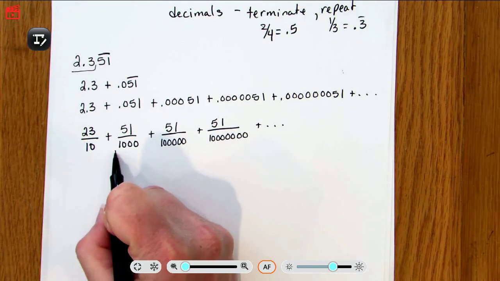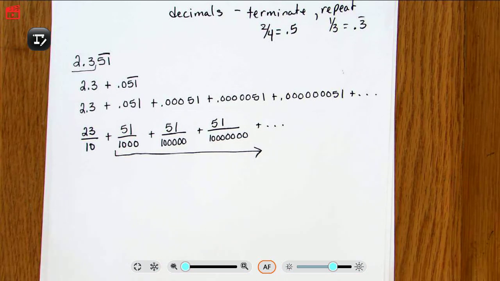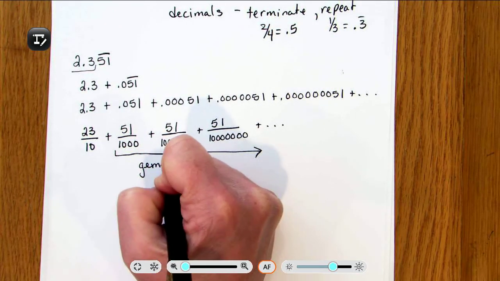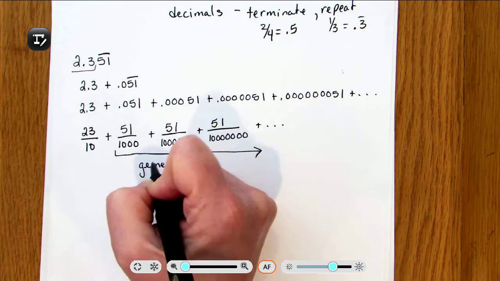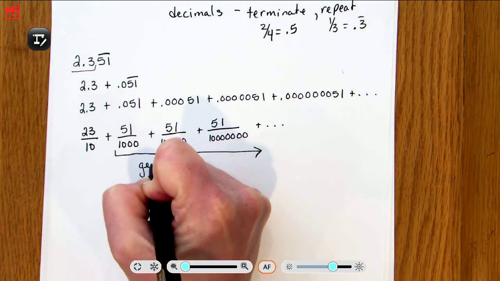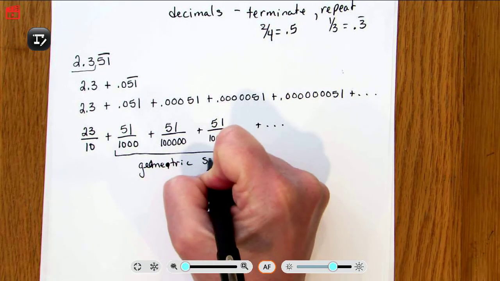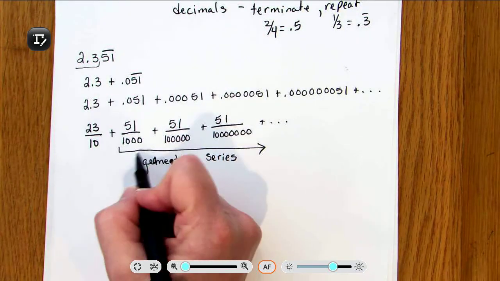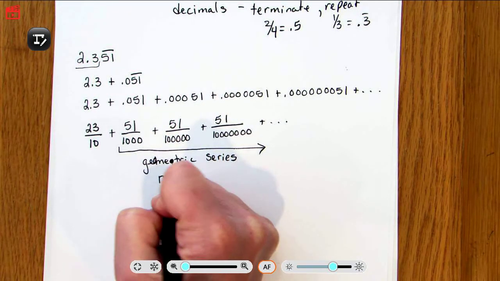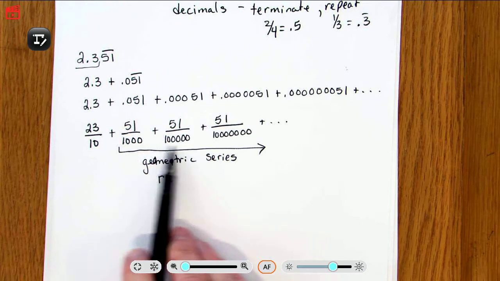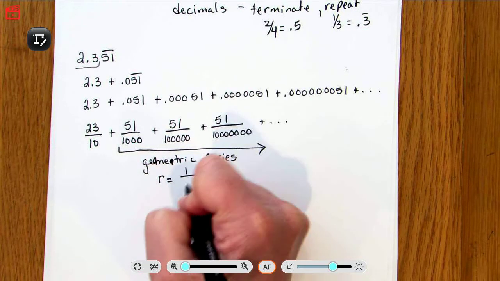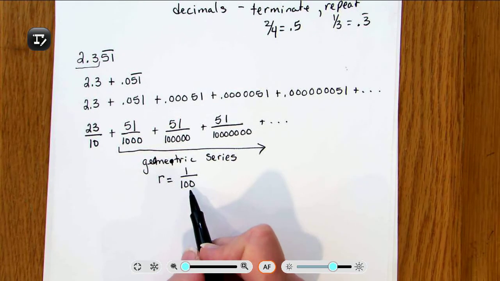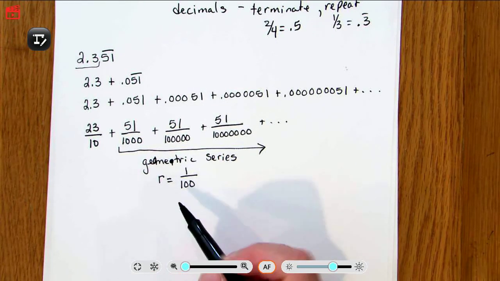Now if I look at this piece, this is going to be the geometric series that I want to look at. Where this is my first term, A, and the R is what I multiplied to get from here to here, which is 1 over 100, which is smaller than 1.